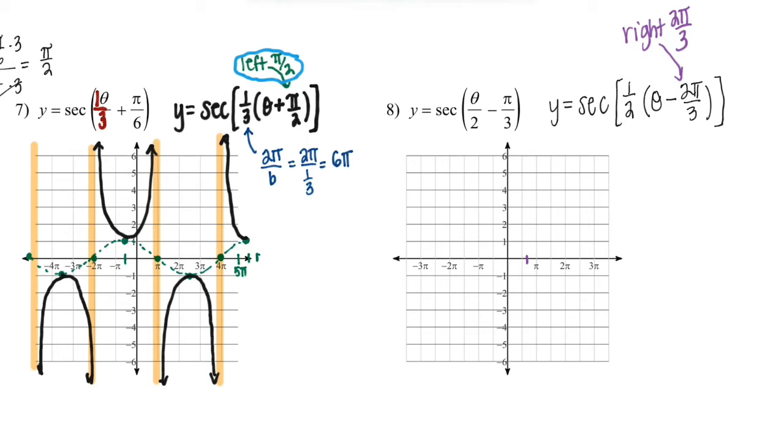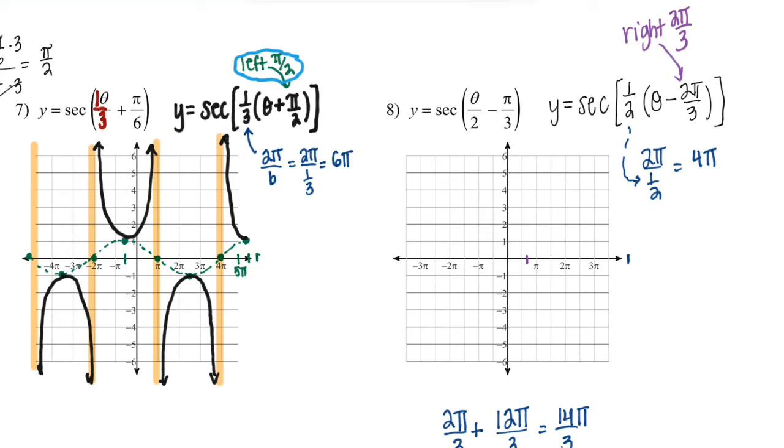And our period for this function is going to be 2 pi divided by 1/2, this 1/2 right there, and that becomes 4 pi. So 2 pi over 3, I'm going to come down over here, 2 pi over 3 plus 4 pi, so 4 pi would be 12 pi over 3, is 14 pi over 3, which is a little bit more than 4, right?